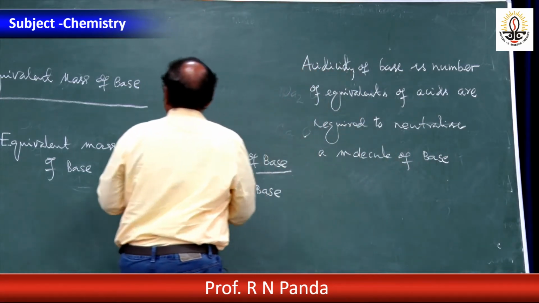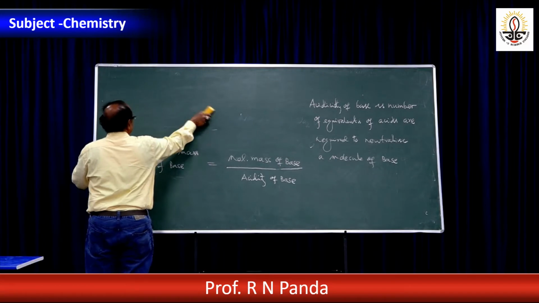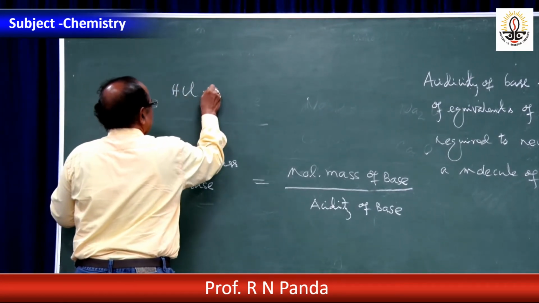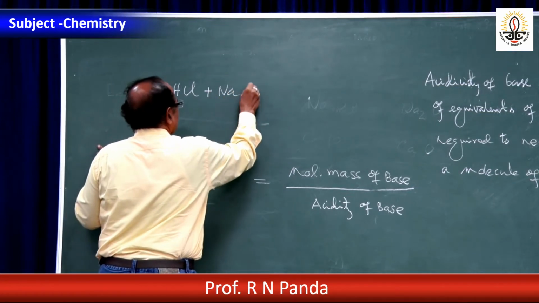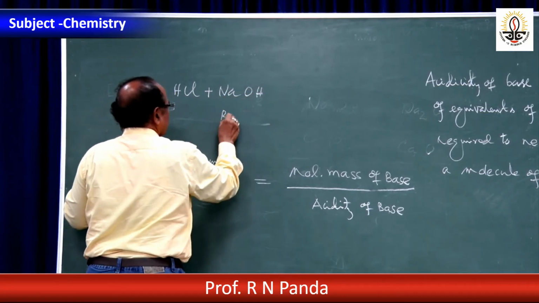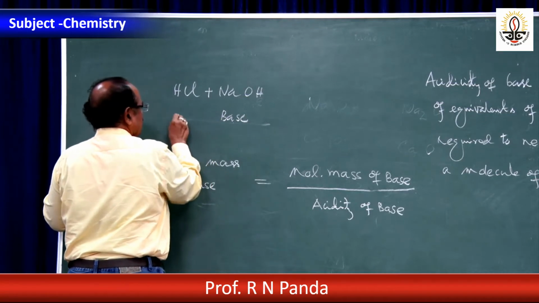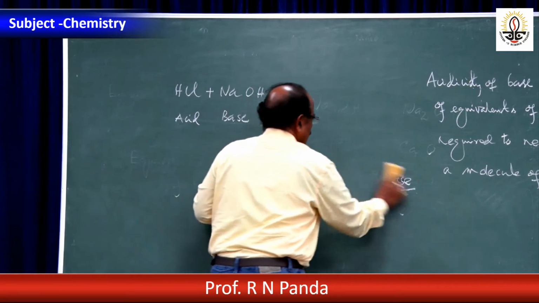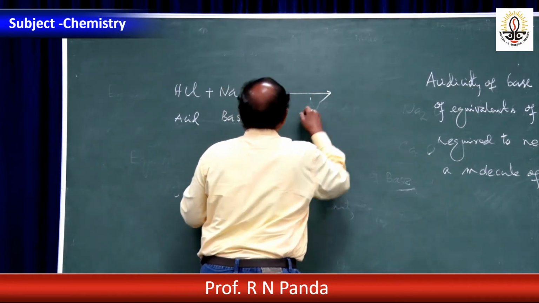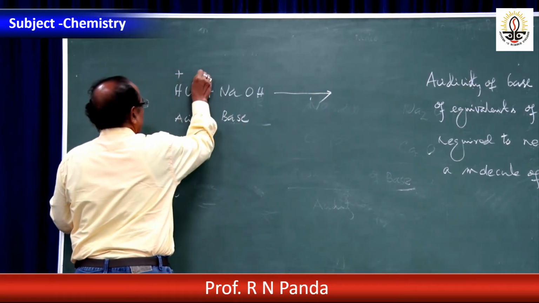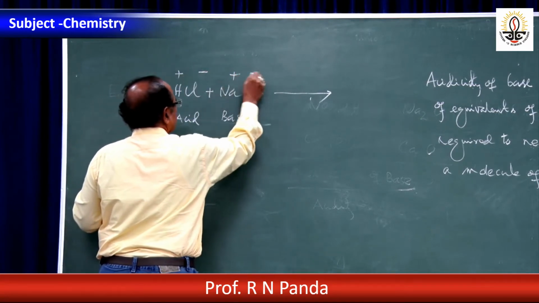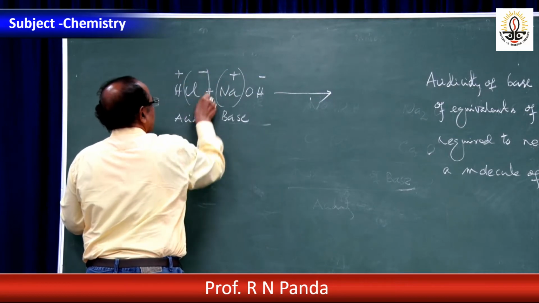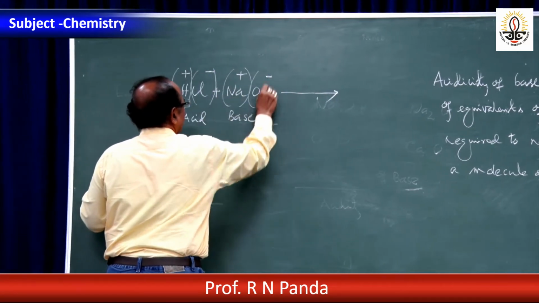Suppose you have an acid, say hydrochloric acid. It reacts with sodium hydroxide, the base. Here hydrogen is plus, chloride is minus, sodium is plus, OH is minus. The plus will react with the minus.